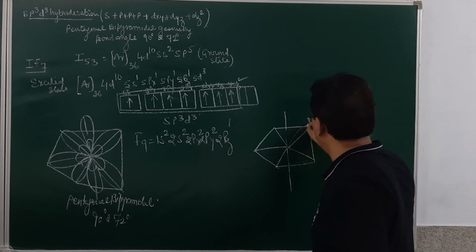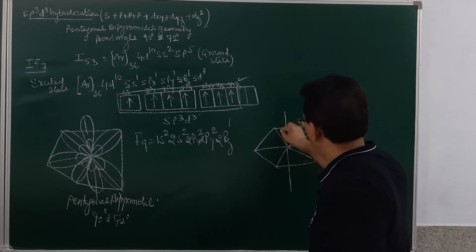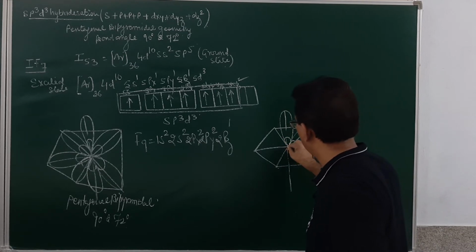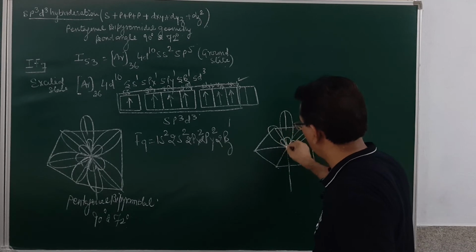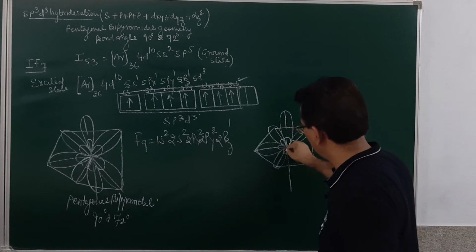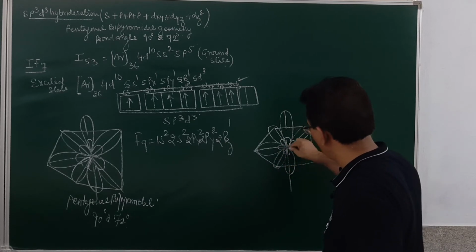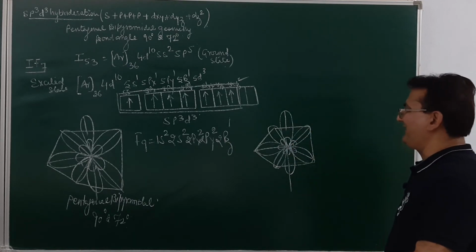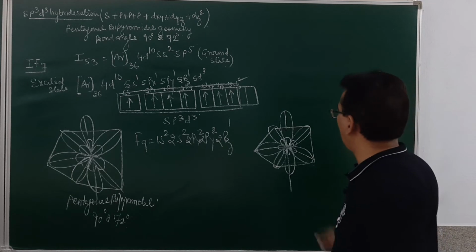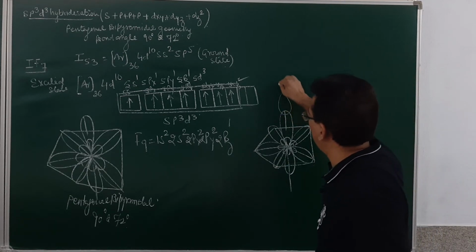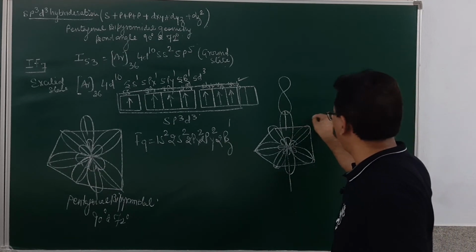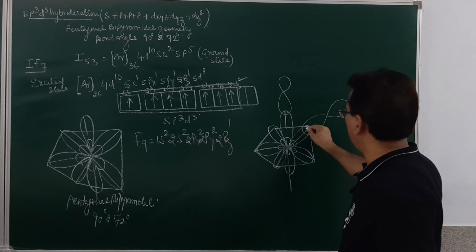One of the hybrid orbitals is this, the seven hybrid orbitals. Now the pz orbital will orient itself so as to overlap with the hybrid orbital. One of the pz will overlap this way, resulting in the formation of a bond. Another pz will overlap in this manner, forming a bond.